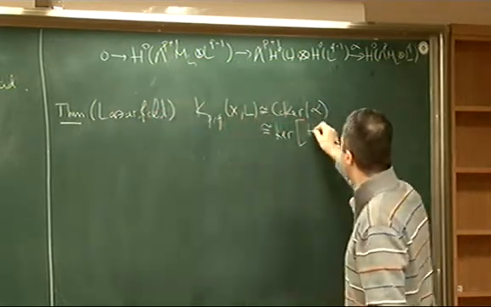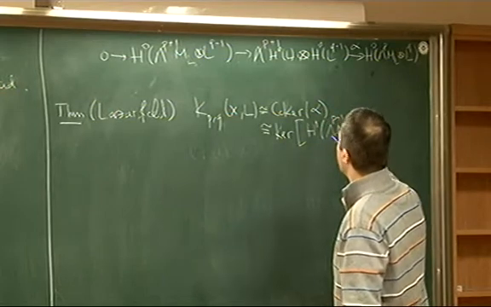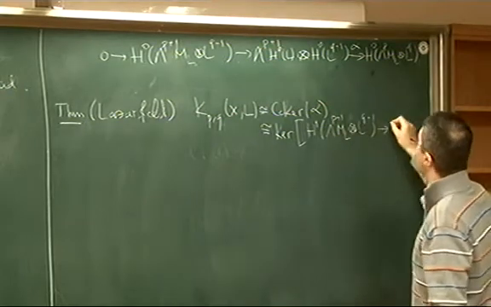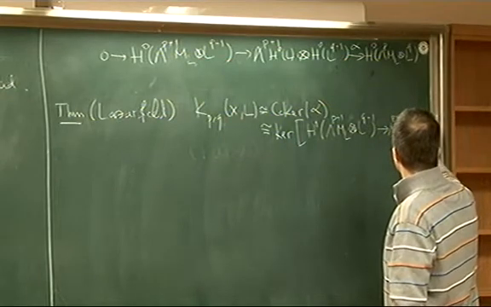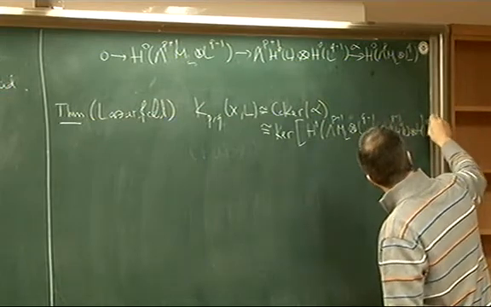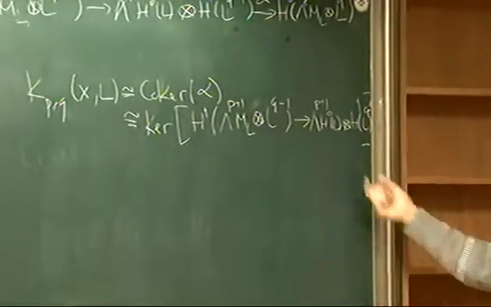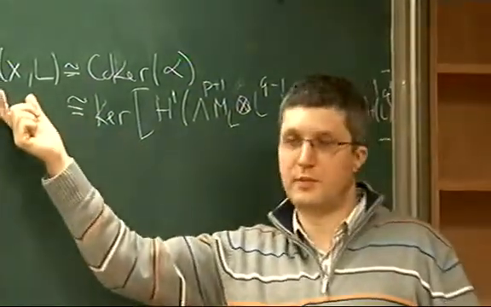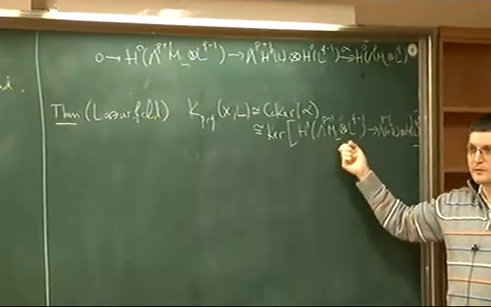So we will have H^1 of wedge p plus 1 ML tensor L^(q-1), to wedge p plus 1 H^0 of L tensor H^1 of L^(q-1). So if by any chance this H^1 is 0, then the Koszul cohomology space will be just an H^1, which is nice.